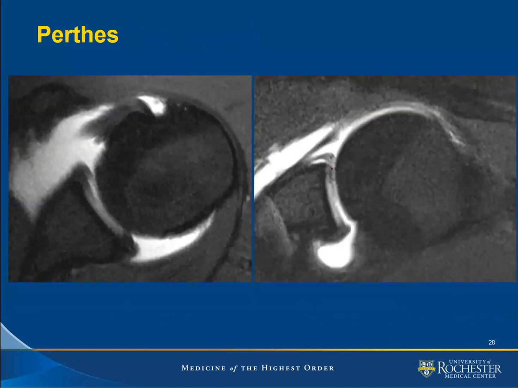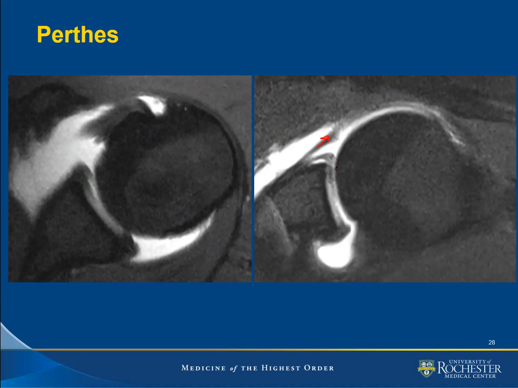Now for the various variants that could occur following an anterior dislocation involving the anterior inferior labrum, here's an axial image from a shoulder arthrography, and you'd be hard-pressed to necessarily call a tear of the anterior inferior labrum. But then you place the patient into an ABER position, and the ABER position is going to place tension on the inferior glenohumeral ligament complex and exaggerate tears that are occurring at the anterior inferior labrum.